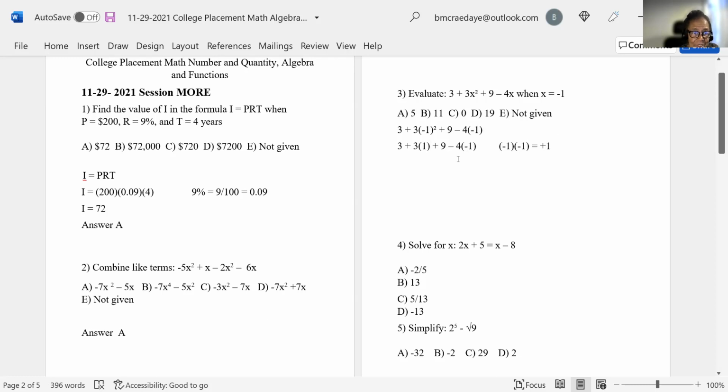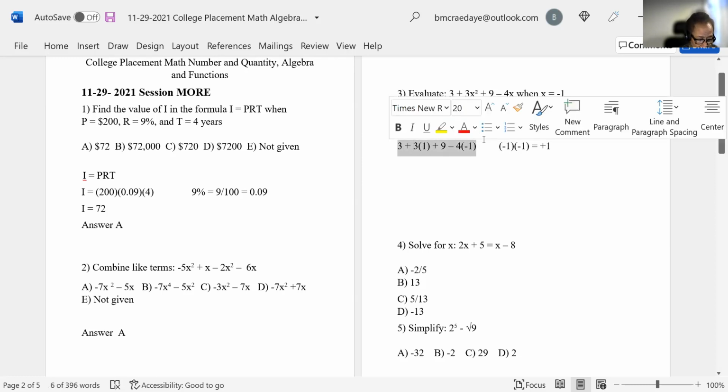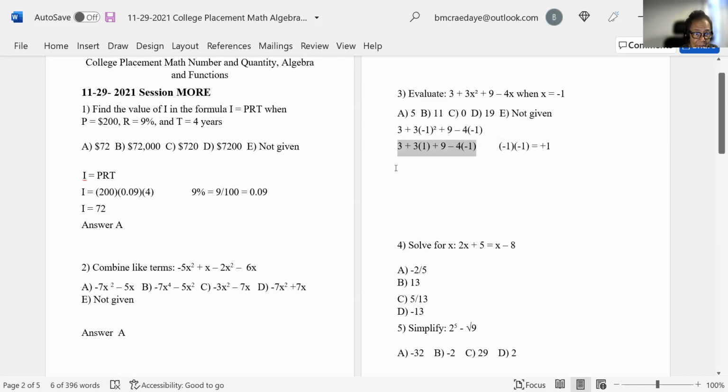And what's a minus 4 times a minus 1? What's that? It's a plus 4, right? So this 3 times 1 will be a 3 plus 9, and a minus 4 times a minus 1 gives you a plus 4, because minus times minus gives you plus, right?